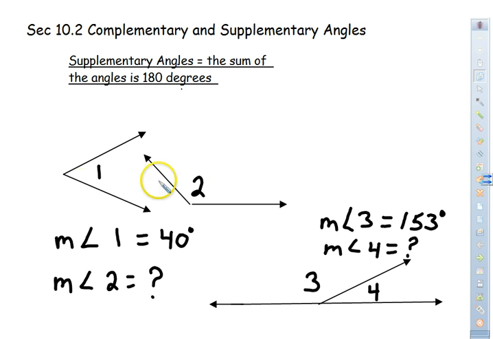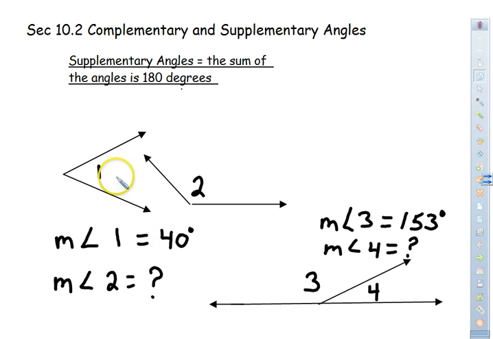So we're going to look at this first example, and it's a matter of saying M stands for measurement. This stands for the word angle. So the measurement of angle 1, which is this angle, equals 40 degrees. And we are trying to find the measurement of angle 2.